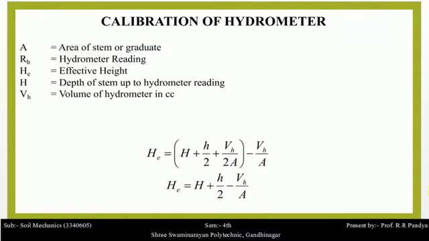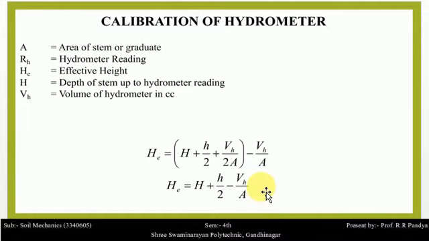The calibration of the hydrometer for the effective height is given as HE is equal to H plus small h by 2 plus VH divided by 2A, bracket close, minus VH upon A, so that the effective height will become H plus small h by 2 minus VH over A. Here A is considered as the area of the cylinder or graduate.